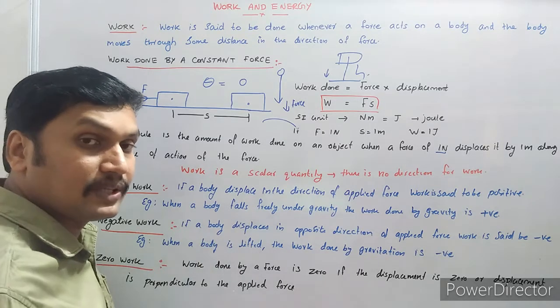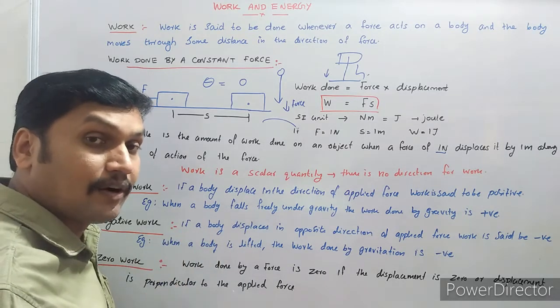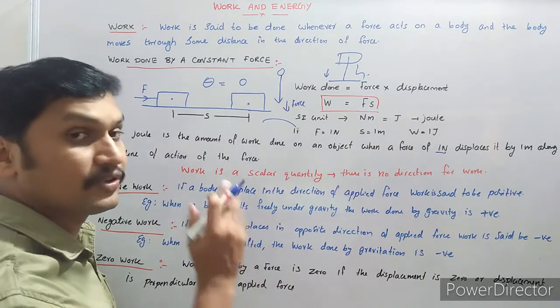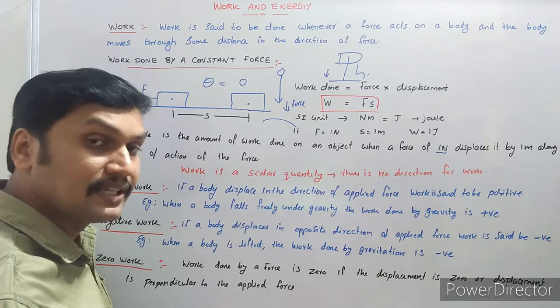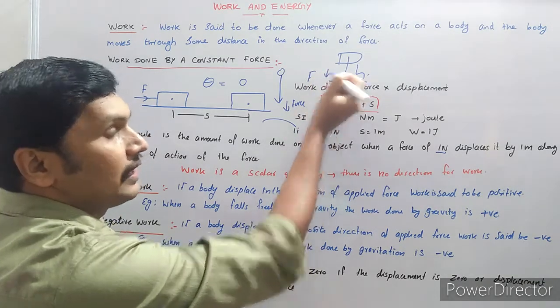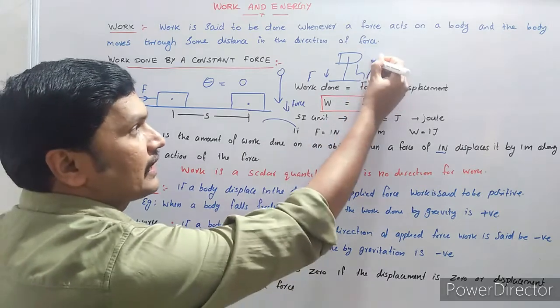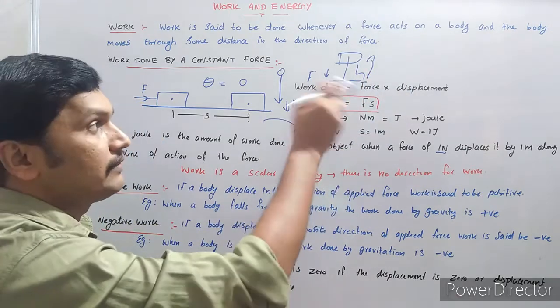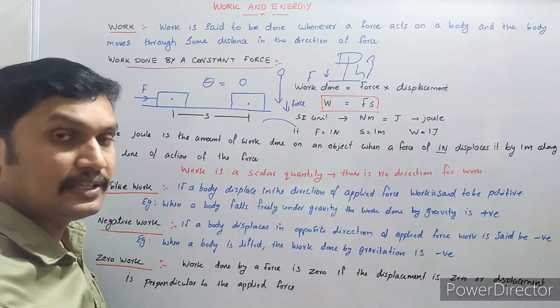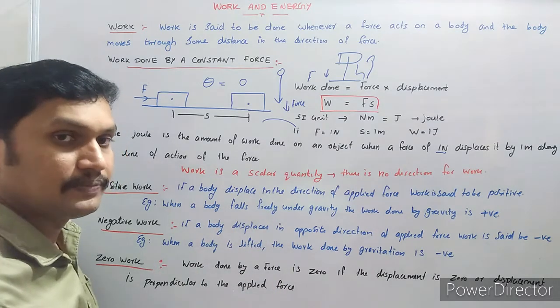So that is negative work if the object displaces in the opposite direction of applied force. That is, the angle between the force and displacement is 180 degrees. Here, this is the direction of gravitational force, but this is the direction of displacement. They are in opposite directions, so the angle between them is 180 degrees. So the work is negative.